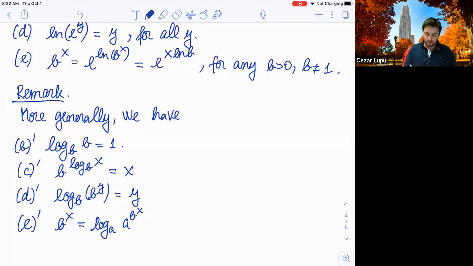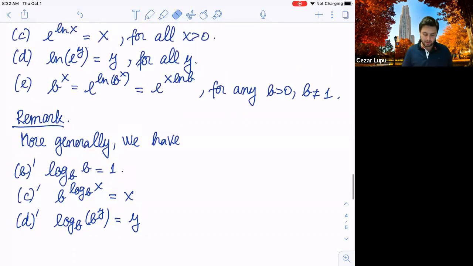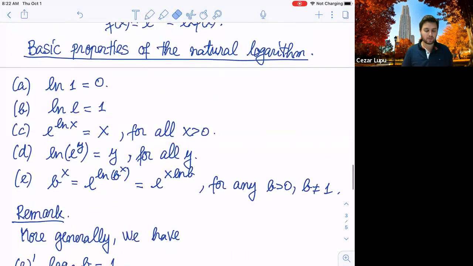And here, this will be nothing else. Anyway, it's okay, you don't need to, because E is already written in its more general form. Okay. Now, these are the main properties, the basic properties of the natural log.